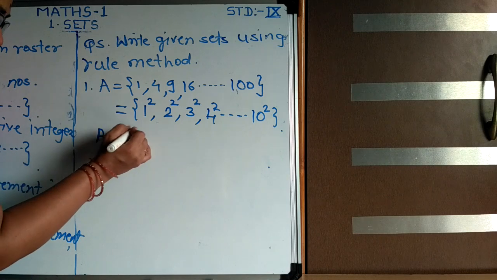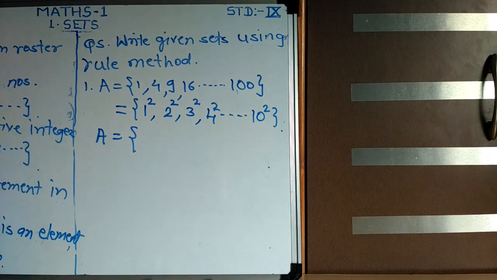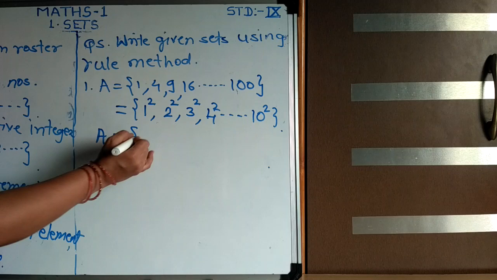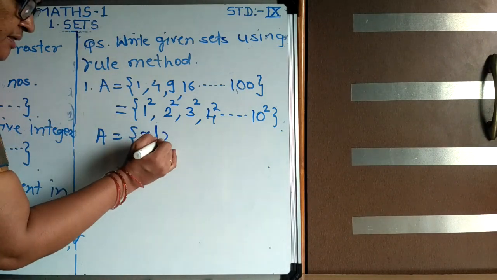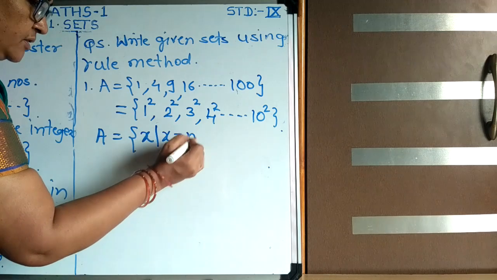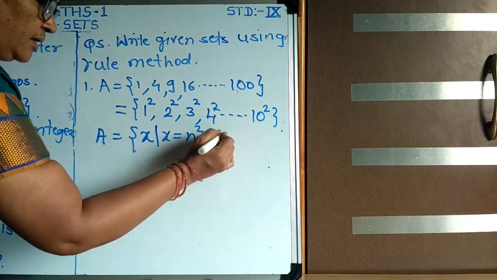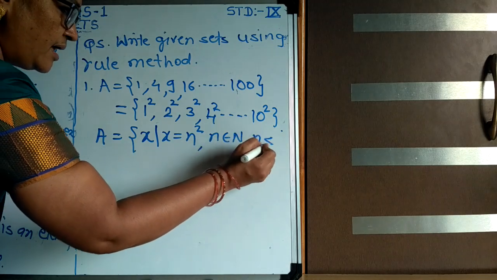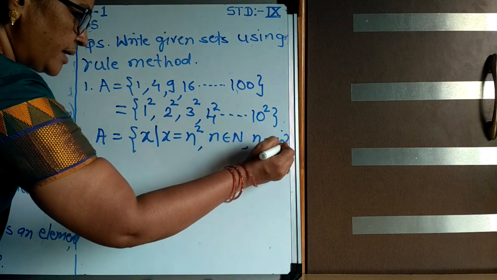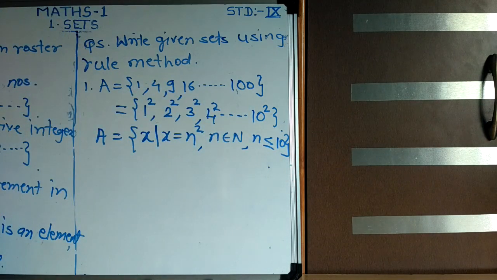By the rule method, A is equal to, in curly brackets, x such that x is equal to n square, where n is a natural number less than or equal to 10. See carefully how to write the given set in rule method.